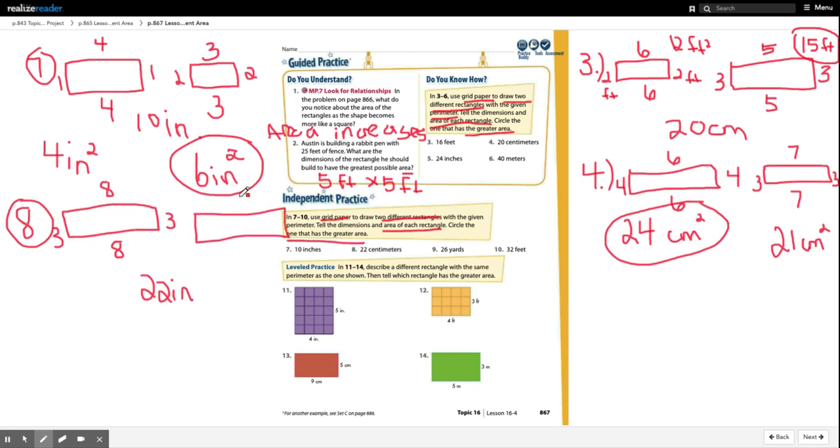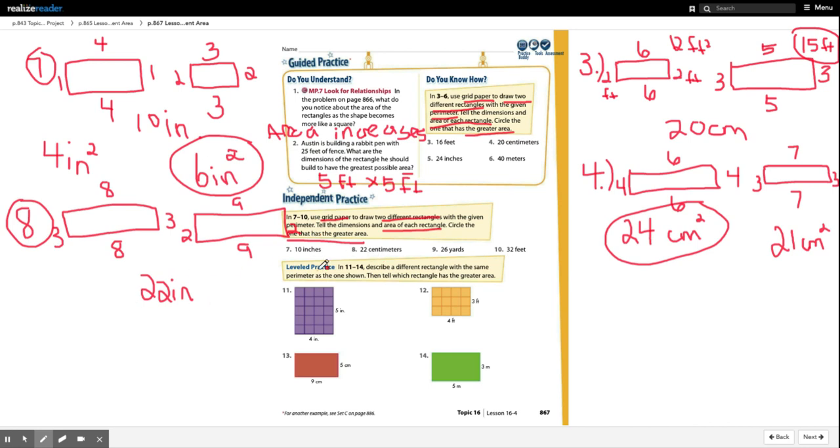If you're thinking 9 plus 9 gives us 18. What other 2 numbers do we need to give us 22? That's right, 2 plus 2. Because 18 plus 2 is 20, 20 plus 2 is 22. Same perimeter. But we're not done yet.